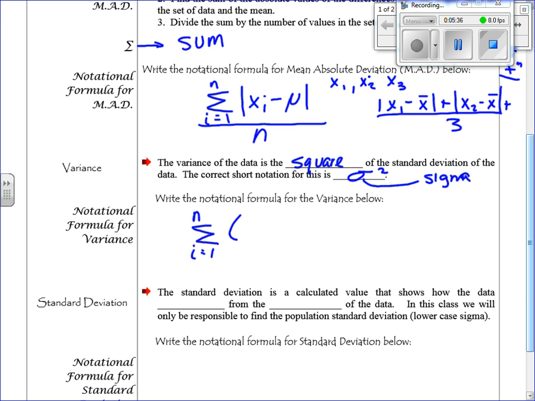And we would say the sum of the x value minus, again, the mean of the data set. The only difference is we're squaring it all over n. Okay, so let's think about x sub 1, x sub 2, x sub 3.